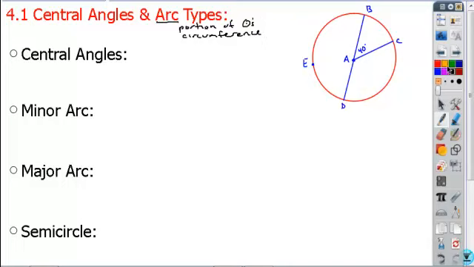The measure of an arc is exactly equal to the measure of its corresponding central angle. So let's talk about the terminology here. A central angle is an angle whose vertex is the center of a circle.